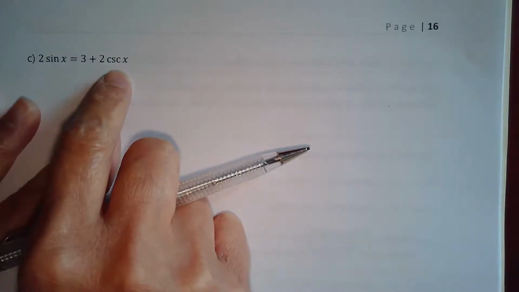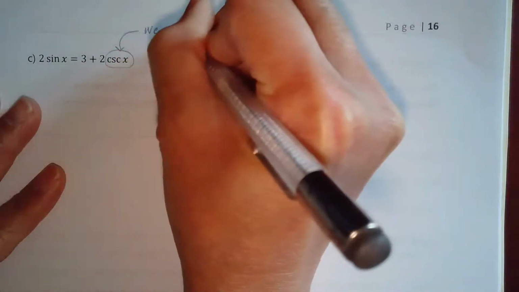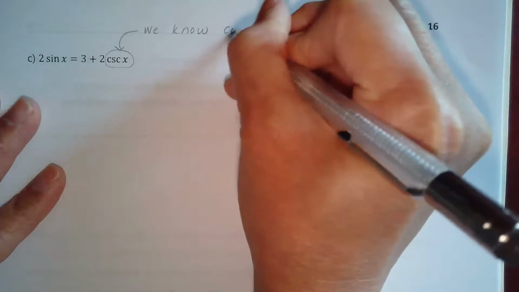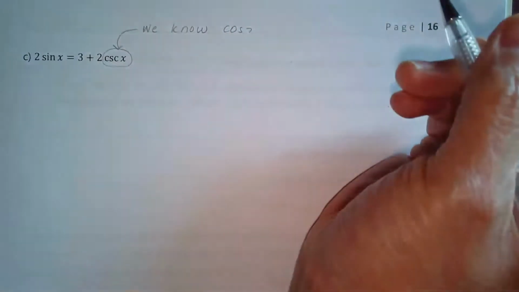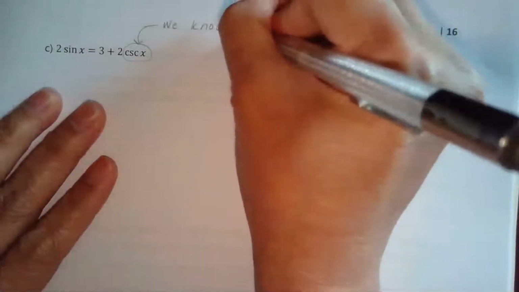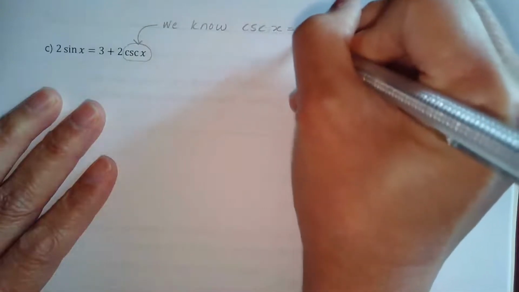Well, what do we know? We know that cosecant of x is equal to 1 over sine of x.